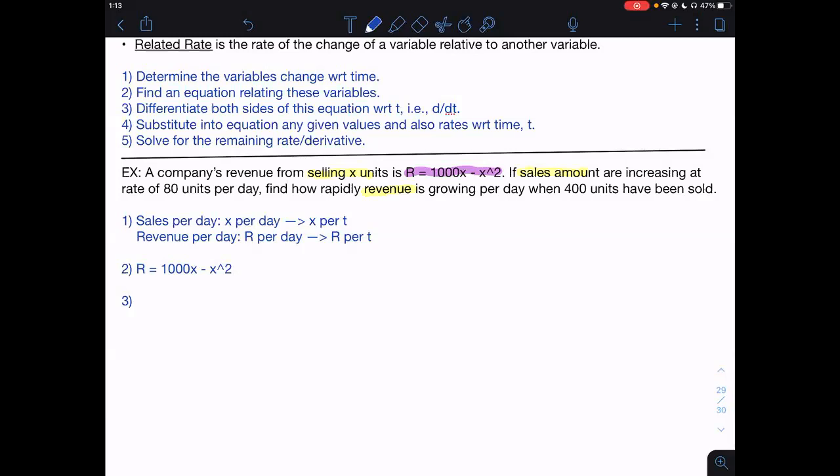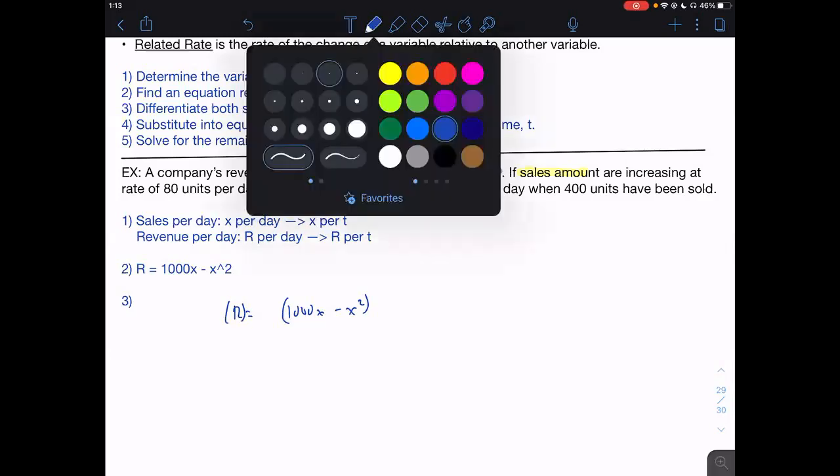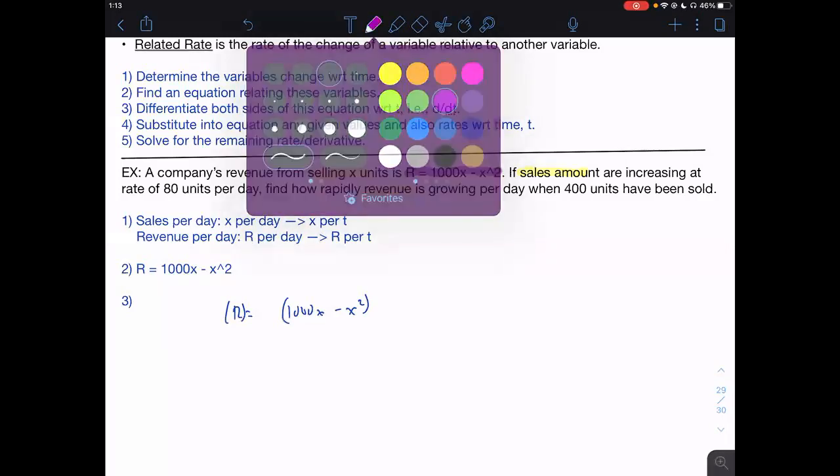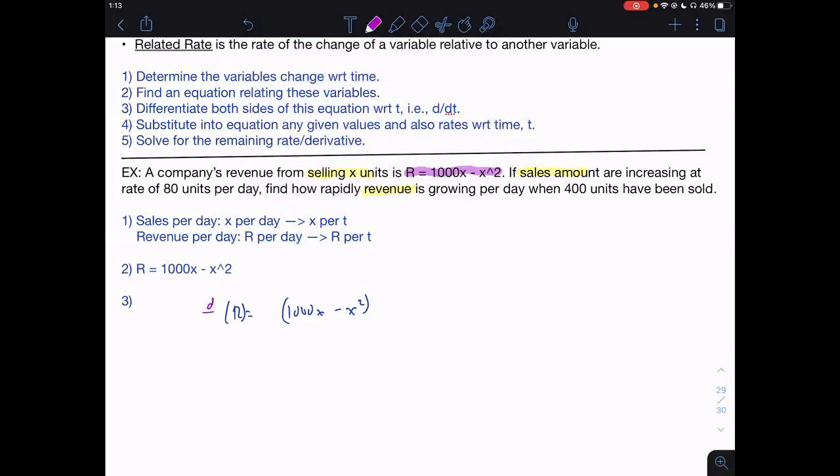Here we have R equals 1000X minus X squared. Similar to what we did for implicit derivatives, we're going to take the derivative of both sides of this equation, but in this case, with respect to time, d over dt. So we're going to multiply both sides of this equation by this differential of d over dt.